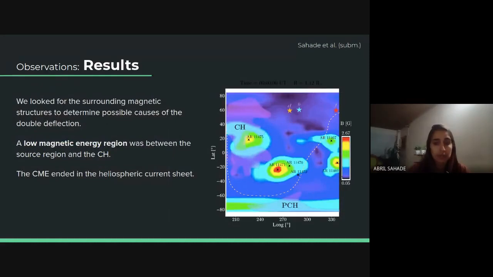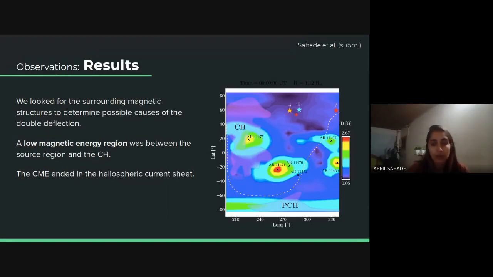So we decided to consider other possible magnetic structures that cause this effect. We analyze all the structures that appear at the altitude of the source region. Well, we have many active regions, but in fact they are very far away from the initial position of the prominence.